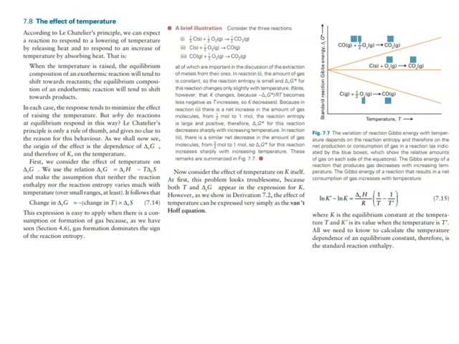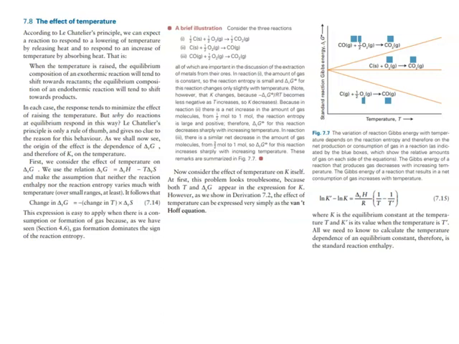Now, let's talk about the effects of temperature. According to Le Chatelier's principle, we can expect a reaction to respond to a lowering of temperature by releasing heat, and to respond to an increasing of temperature by absorbing heat. That is, when the temperature is raised, the equilibrium composition of an exothermic reaction will tend to shift towards reactants, and the equilibrium composition of an endothermic reaction will tend to shift towards products.